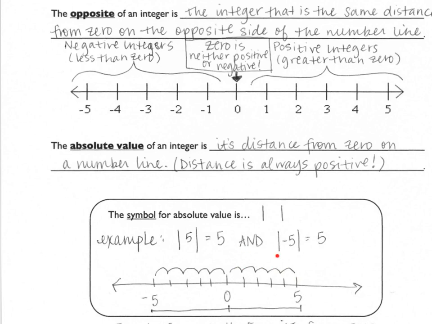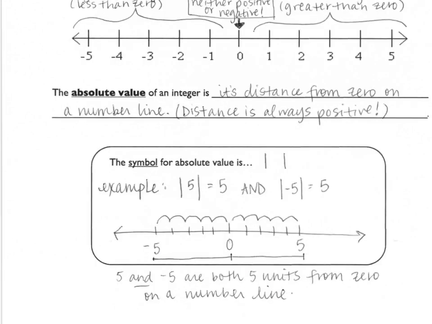And the absolute value of -5 is also 5, because the distance from 0 here is still 1, 2, 3, 4, 5. So we can see that both 5 and -5 are 5 units from 0 on a number line.